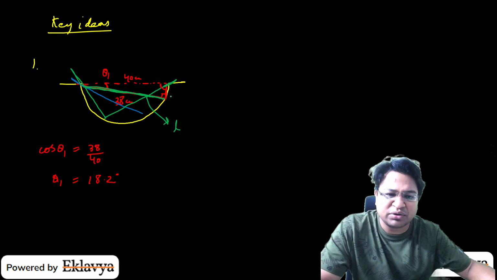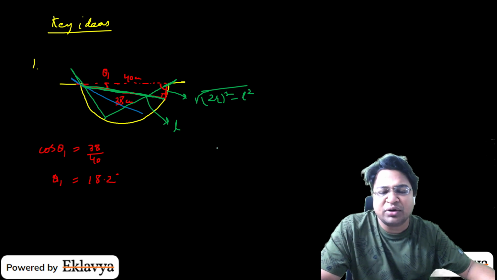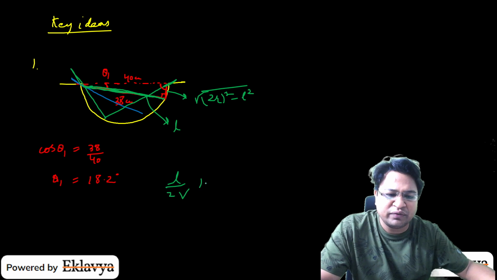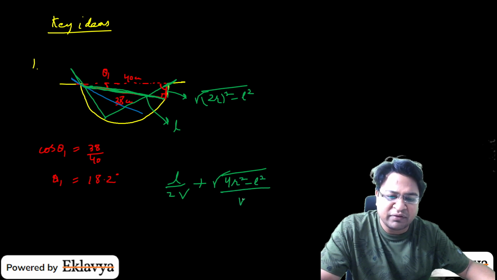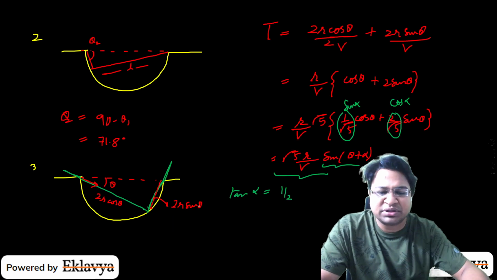And this length will be equal to root of 2R square minus L square. So the time taken to cover this length would be L by 2V, and the time taken to cover this length would be root of 4R square minus L square by V. So that would be the minimum time, and we can substitute the numbers and get the answers also.